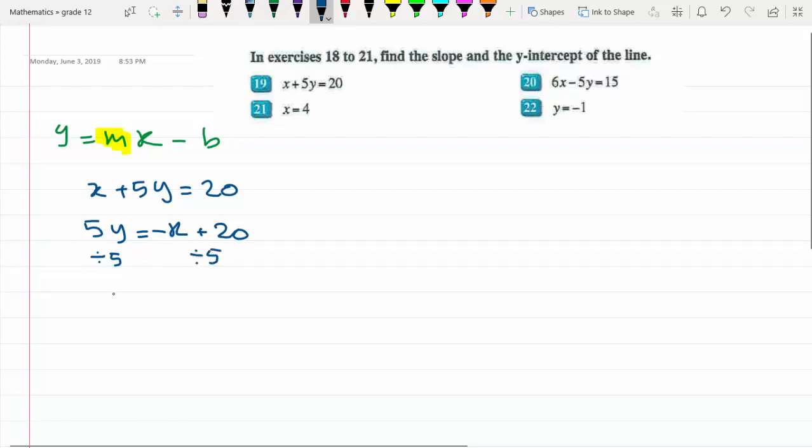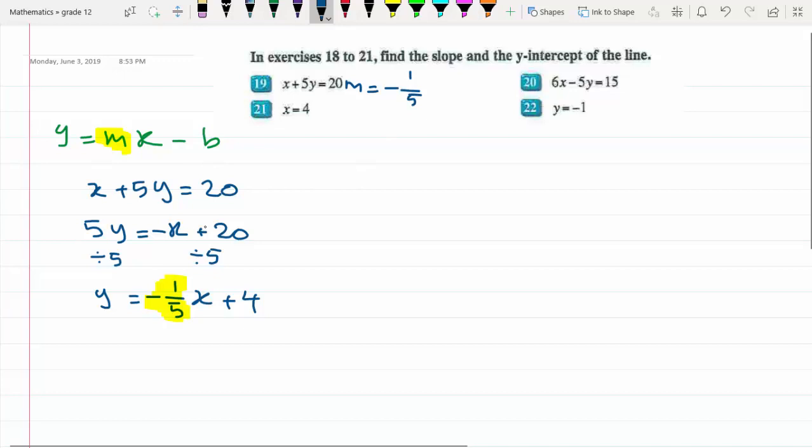Then 5y divided by 5 will be equal to y. Negative x divided by 5 will be negative 1 over 5, because the number in front of x is 1. And 20 divided by 5 is equal to 4. Now we have y alone on a side. The number in front of x is the slope. So the slope for the first equation is m is equal to negative 1 over 5.